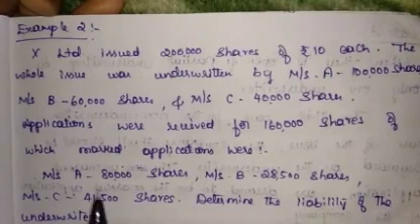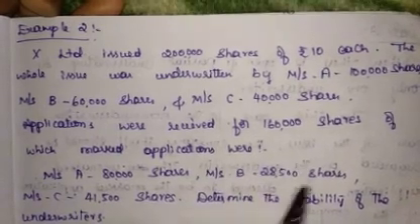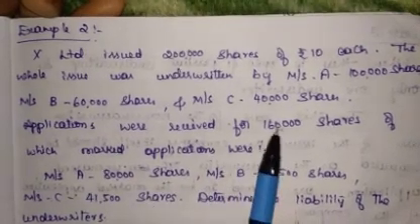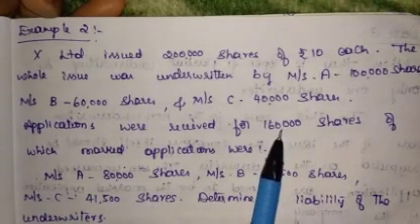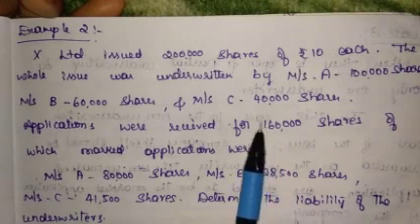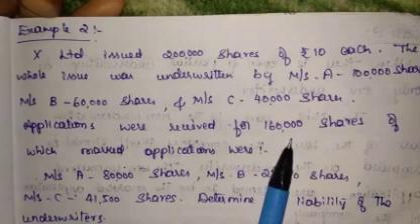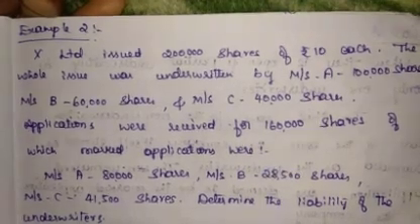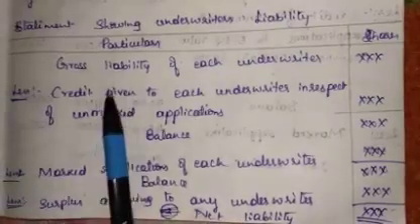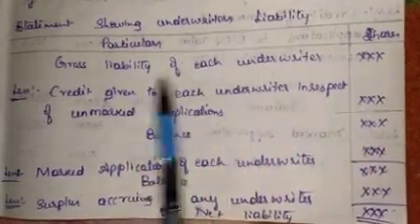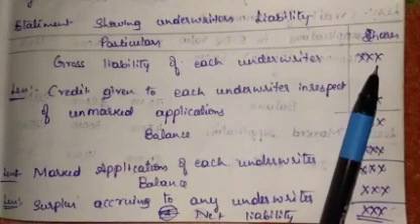Through underwriters this much applications came. We have to deduct this marked application from the total applications received from the public. We'll get unmarked application. You already know the specimen, so I will explain once again. First you have to write the gross liability of each of the underwriter, that means how many shares are guaranteed by each underwriter.